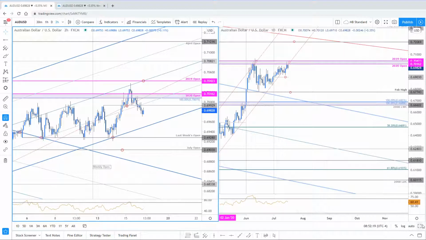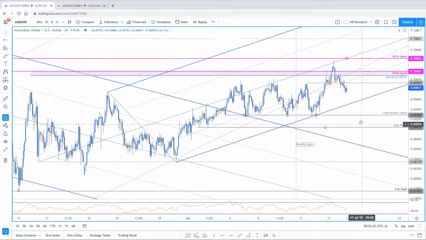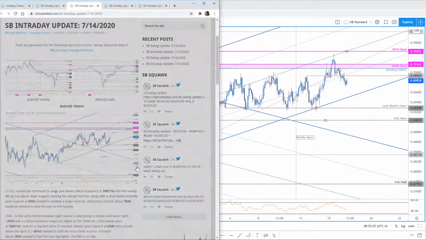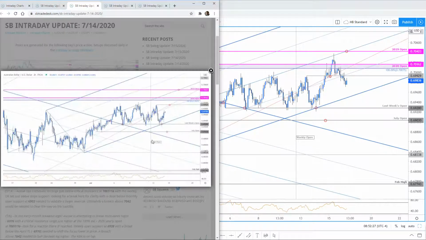Here's what the intraday chart looks like that we've been tracking. And again, it's actually been a pretty clean trade. Here's what it looked like earlier in the week on the 14th. We opened up, bounced, talked about last week's open, which was last week's opening range lows, support, support, support. We opened the week with support right off the bat again.